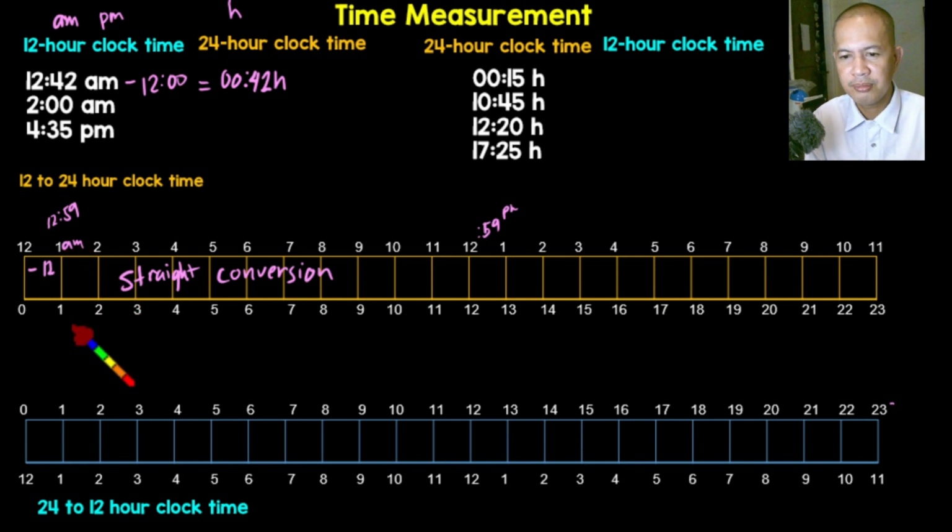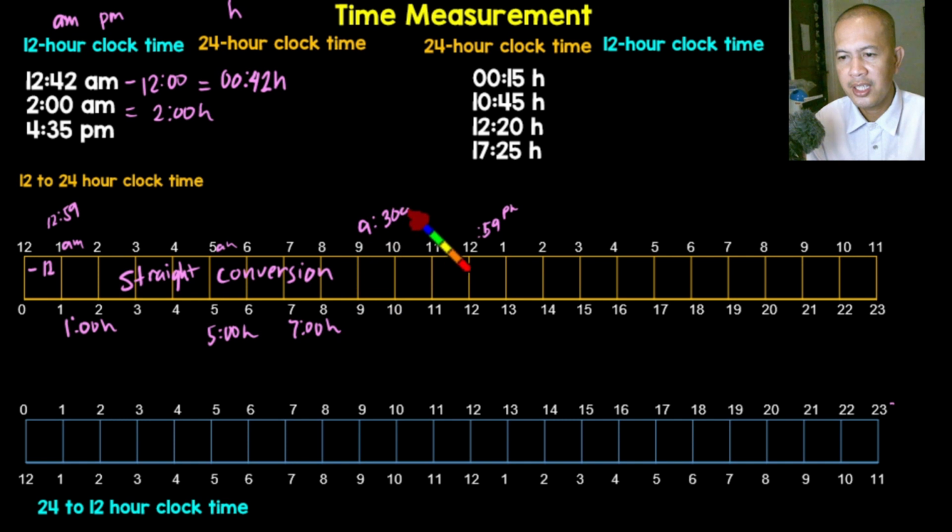For example, 1 a.m. is 100 hours, the same. 2 a.m. is equal to 200 hours. 5 a.m. is 500 hours. 7 a.m. is 700 hours. For example, 9:30 a.m. is 930 hours.